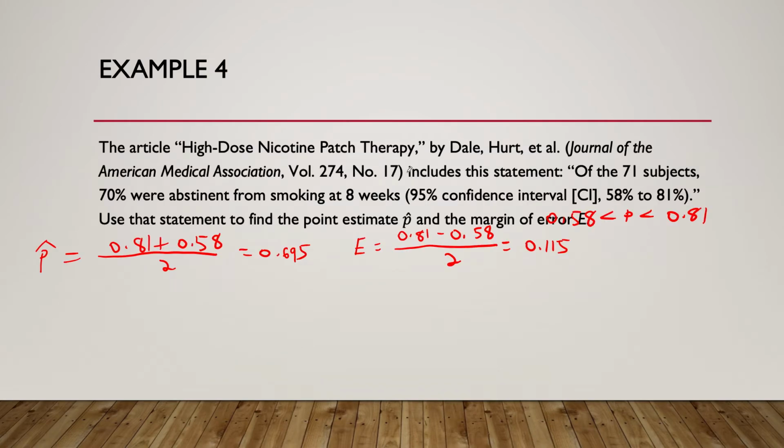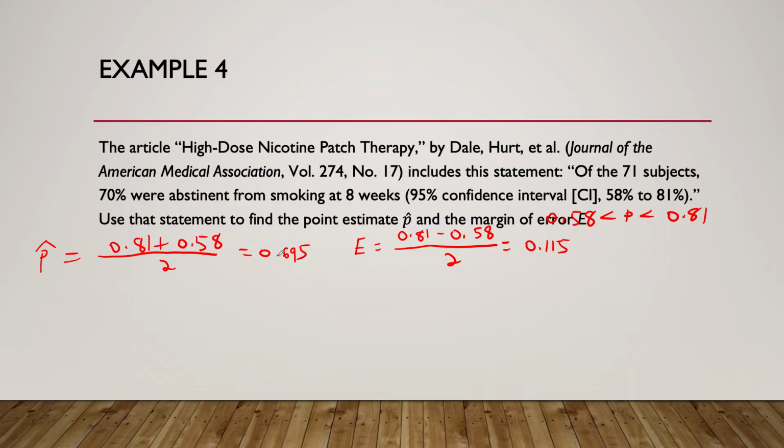For my next example, the article High Dose Nicotine Patch Therapy by Dale Hurt et al. in the Journal of the American Medical Association, volume 274, number 17, includes this statement. Of the 71 subjects, 70% were abstinent from smoking at 8 weeks. 95% confidence interval, CI, 58% to 81%.